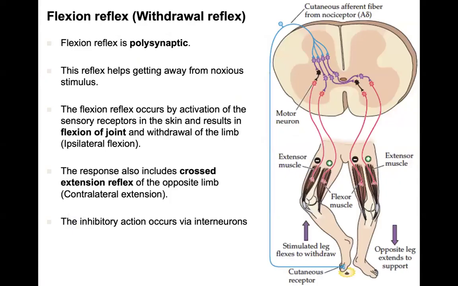Okay. Now, the last example of the reflex, and this is also happening a lot, is the flexion reflex or withdrawal reflex. And as its name suggests, flexion is involved in flexing either your arm away from the danger or the painful signal, or flexing your leg away from the painful signal, right?